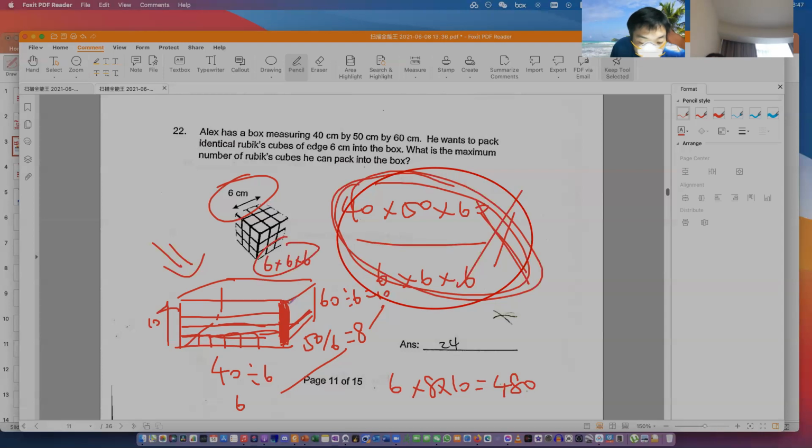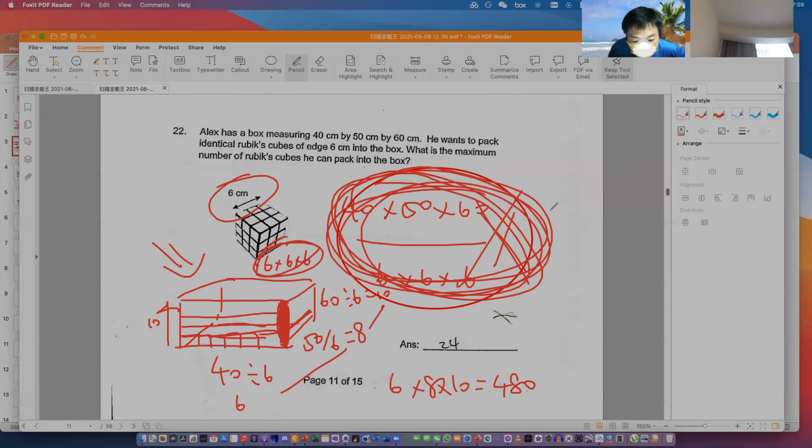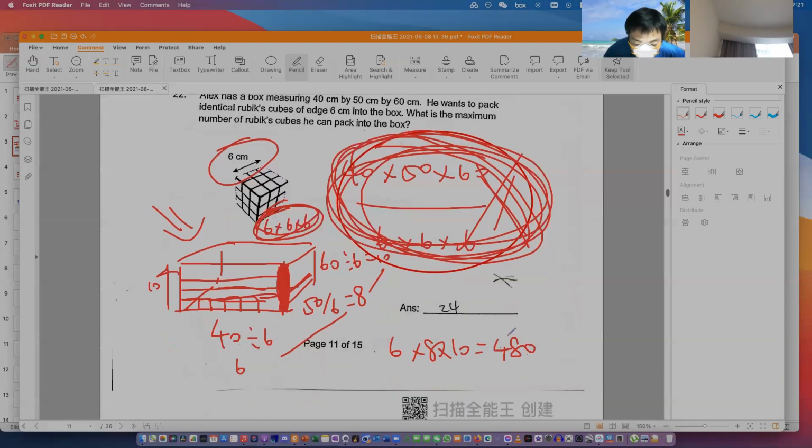All this spacing cannot be combined together to divide by this, because they are unused and they cannot be used. You can't do it in real life. So the answer is 480.